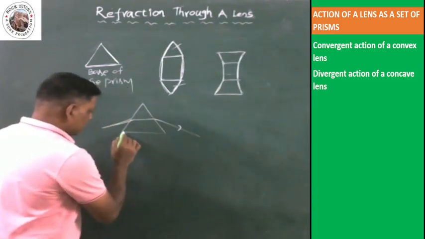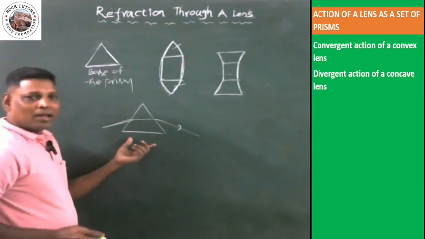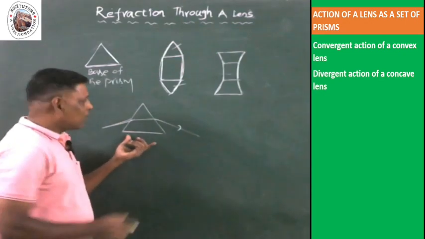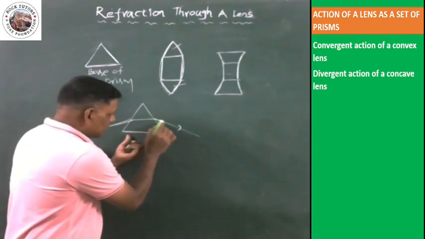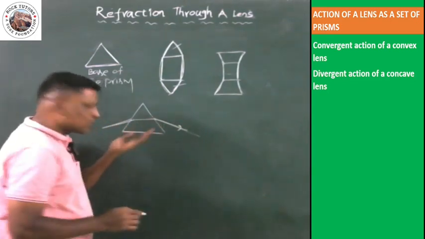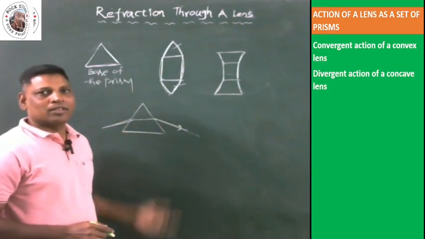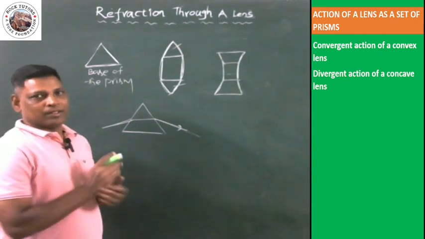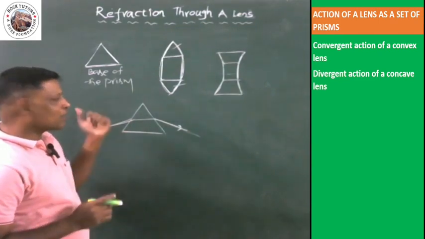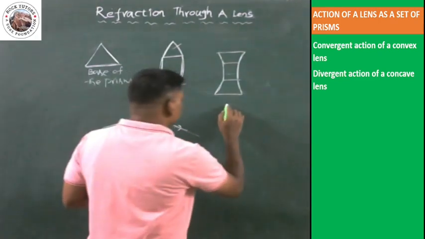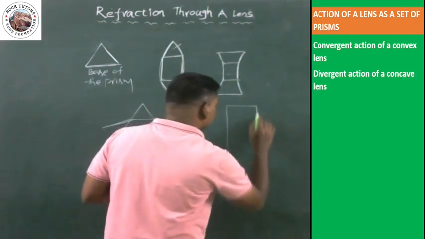This is the base of the prism, and after emerging, this ray is bent towards the base. This we did in an activity and observed. Another point here, this is a glass slab.